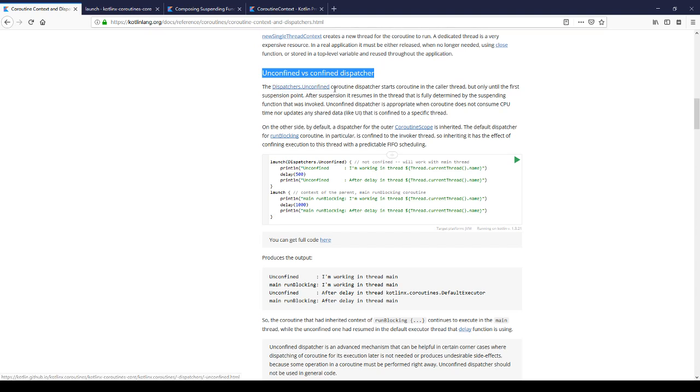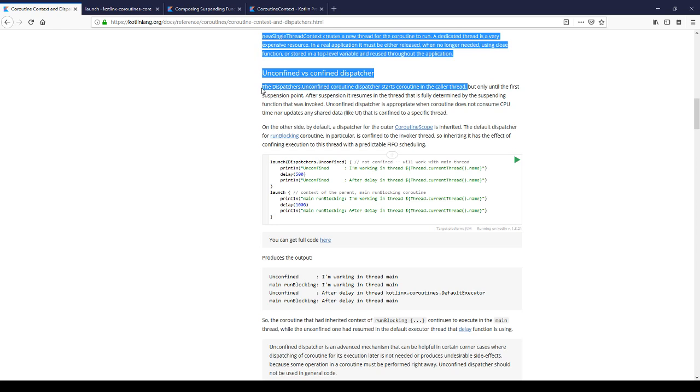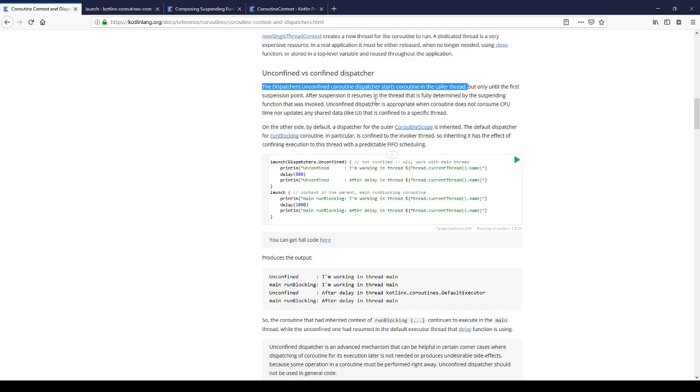So here's the unconfined versus confined dispatcher. The Dispatchers.Unconfined coroutine dispatcher starts a coroutine in the caller thread, but only until the first suspension point. Ha! So here's the concept of suspension point. That's something I already know, but I never learned in this document till now.